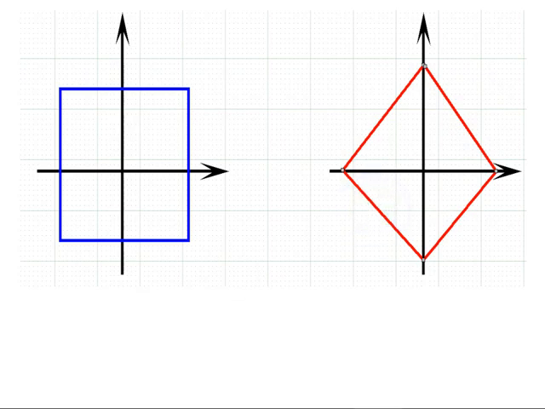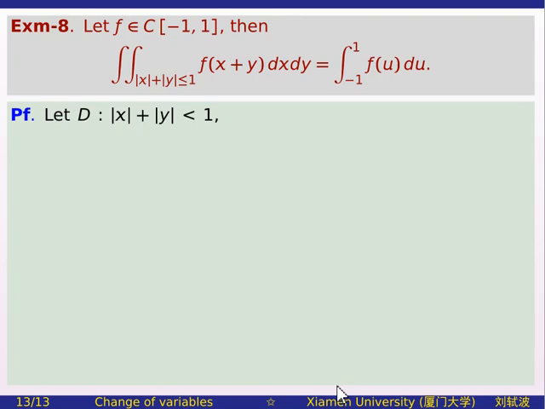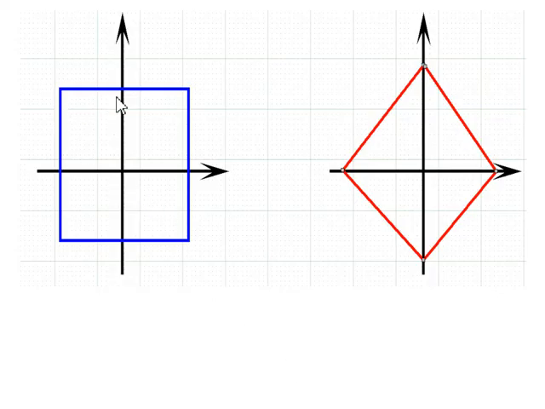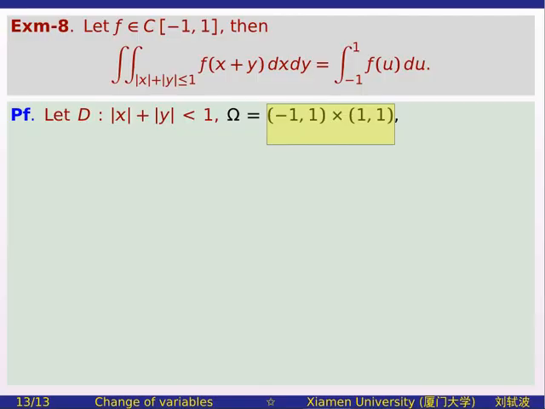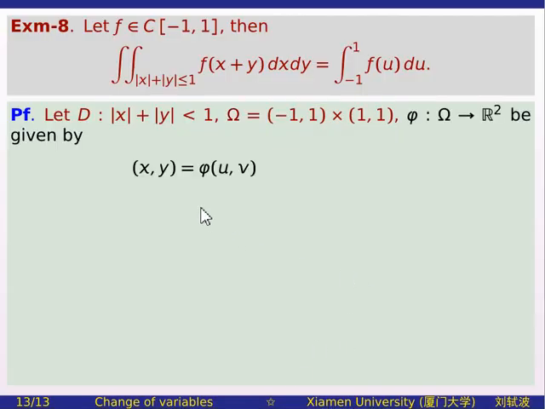This motivates us to denote our domain by D, and take Omega to be this rectangle, the rectangle in blue. This is a very nice rectangle in the right position. Then define the map transforming (u, v) to (x, y). The map phi is given in this way: x equals half of u plus v, and y equals half of u minus v.